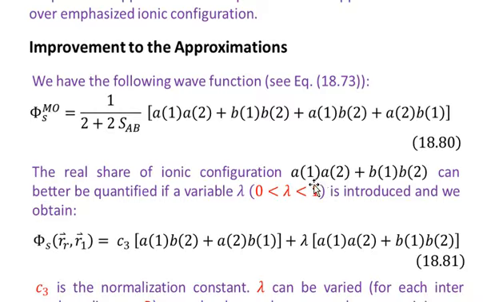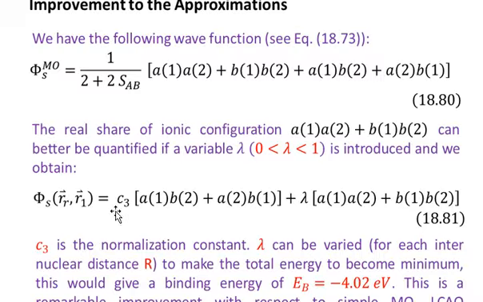You know that this is the ionic configuration in which the two particles can be either with nucleus A, or with nucleus B. This ionic configuration, due to these two terms, can better be quantified if a variable lambda in the range from 0 to 1 is introduced. So, in order to optimize equation number 80 to give better results, we are going to introduce lambda and of course the parameter constant C3.